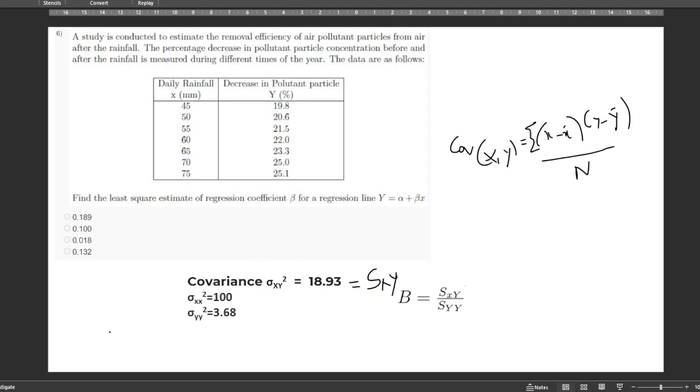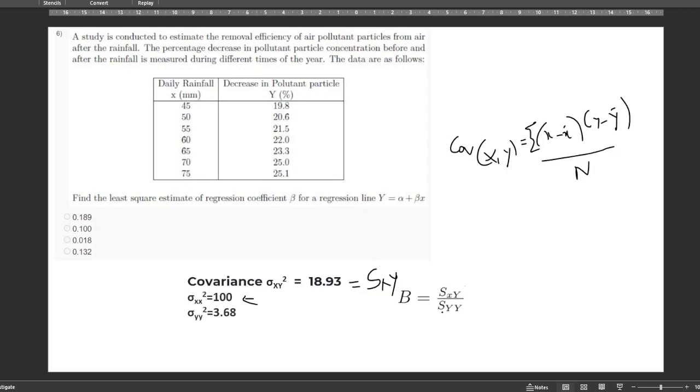Okay, then we have to find the response variable variance and independent variable variance 3.68. Once you find all these things, you just substitute in the formula. Beta is equal to the covariance of xy divided by the variance of the response variable.